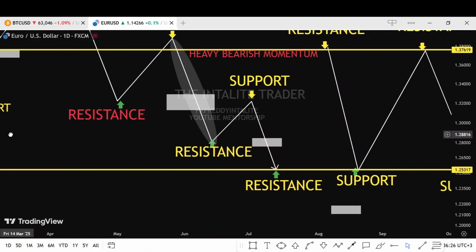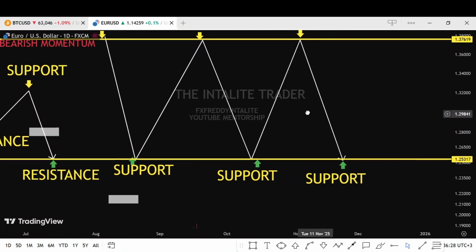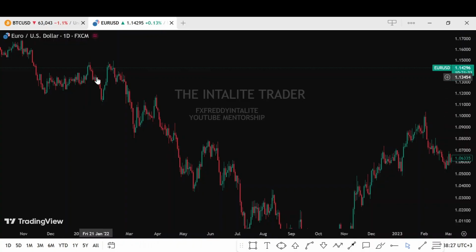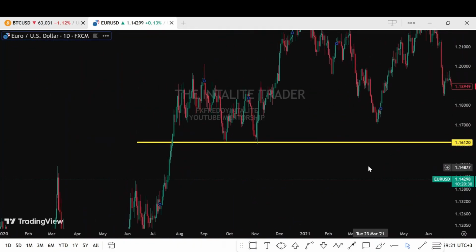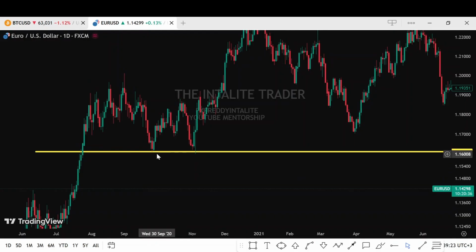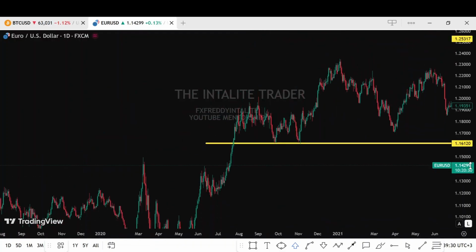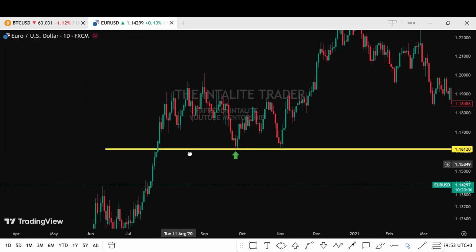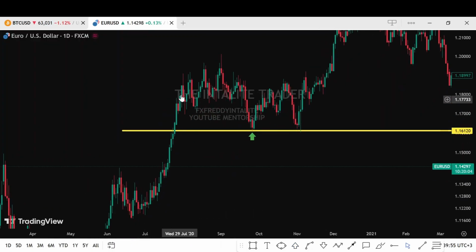So that was starting simple. Let's go to the charts. I'm on a Euro US dollar chart. So at one point, price was here. Here we see this price was moving, going up. Price was trending up.